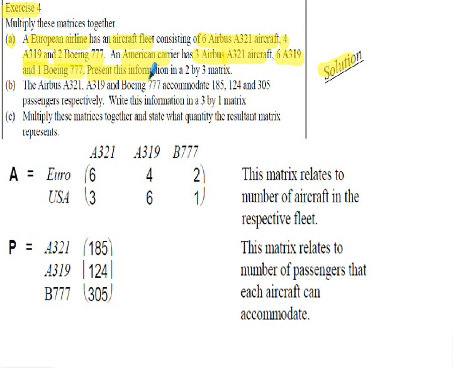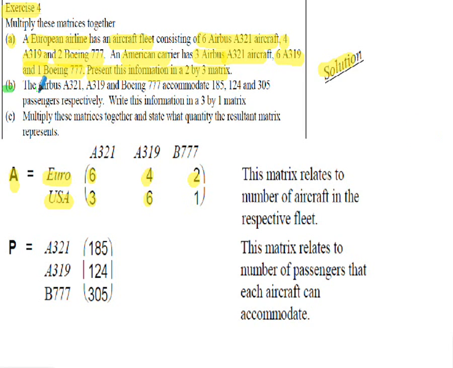We're asked to present this information in a 2x3 matrix. So in matrix A, related to the aircraft, we have the European airline with its 6 A321s, its 4 A319s and its 2 Boeing 777s, and the USA aircraft carrier has 3 A321s, 6 A319s and 1 Boeing 777.